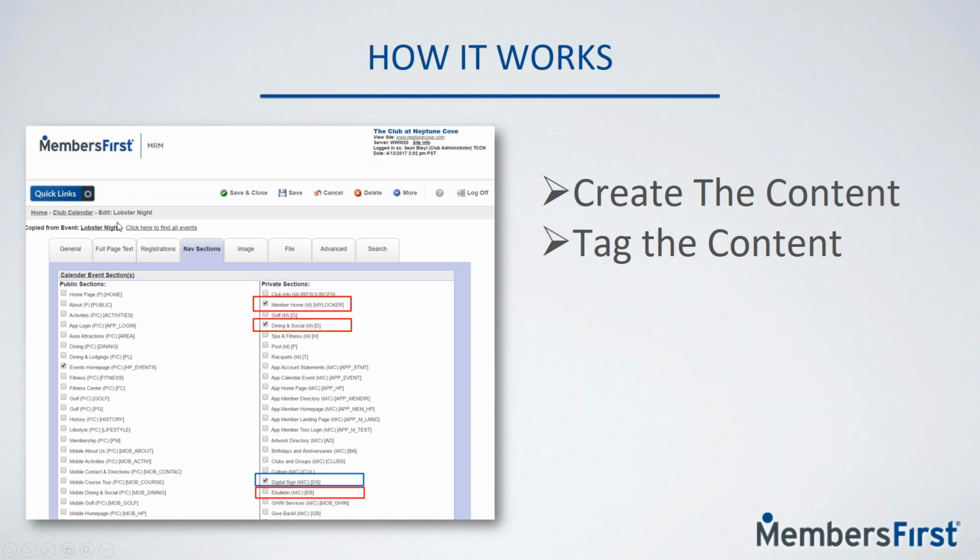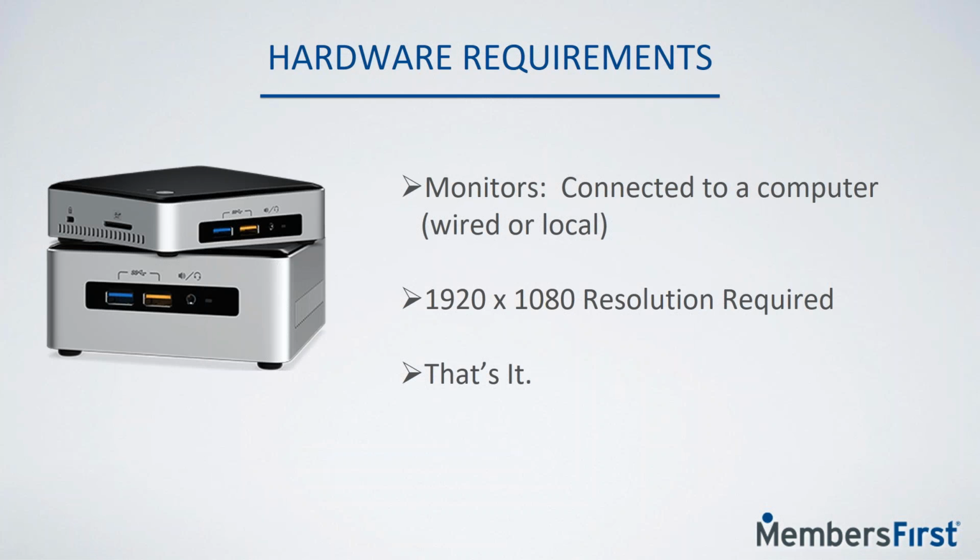Now you've taken that Lobster Night and you've published it to all of your different areas at the club. So step number 1, create the content for your website. Step number 2, tag the content, and that's it.